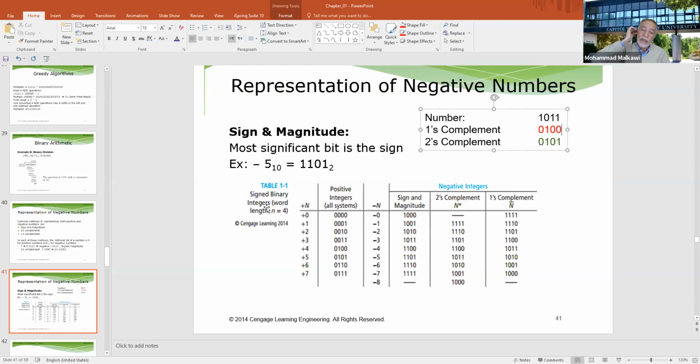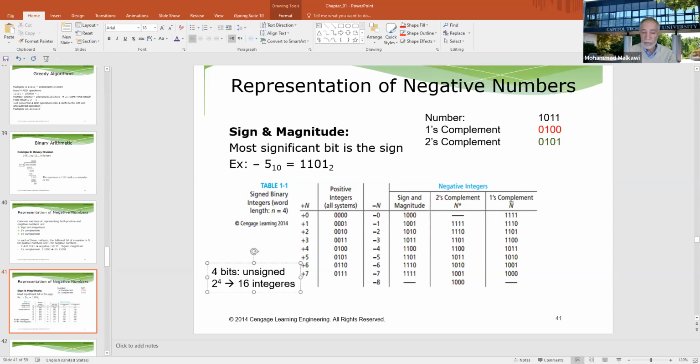Now, note that if I have 4 bits and I don't have a sign at all, this is an absolute number. So for 4 bits unsigned, as I will call it, I can represent 2 to the power 4, which is equal to a total of 16 integers.